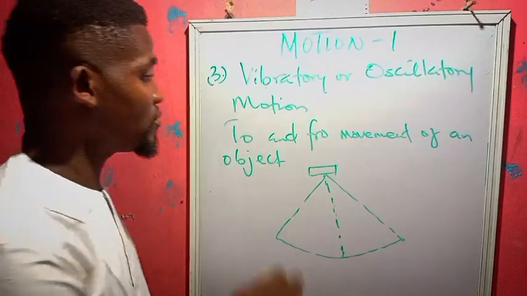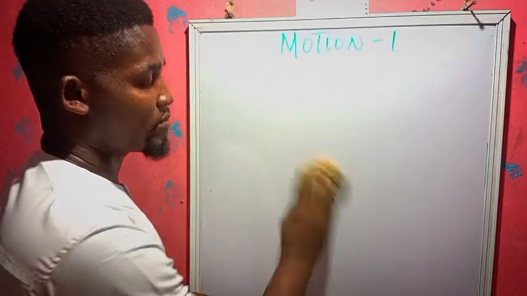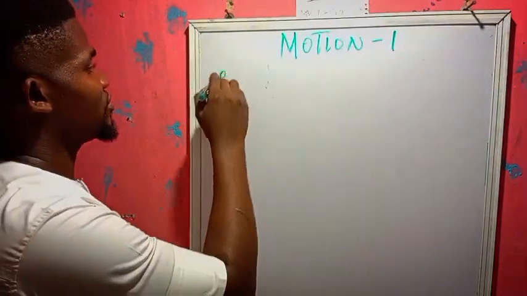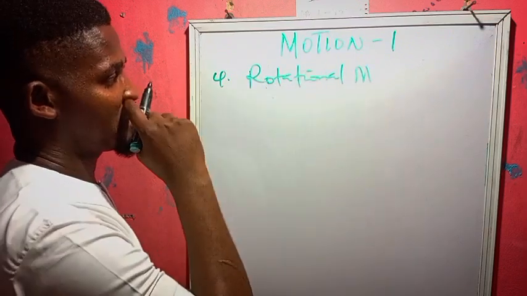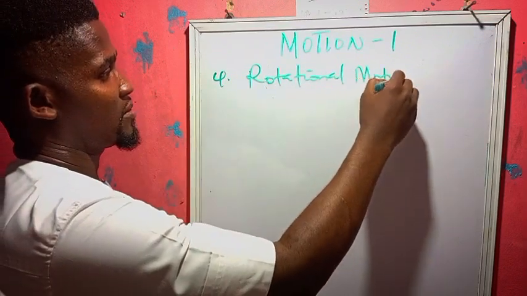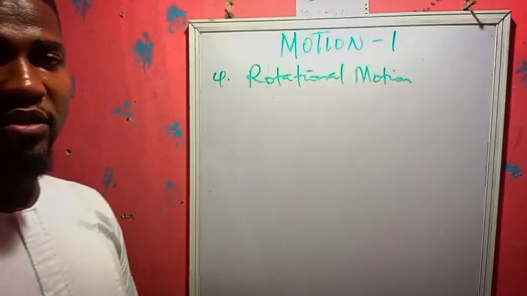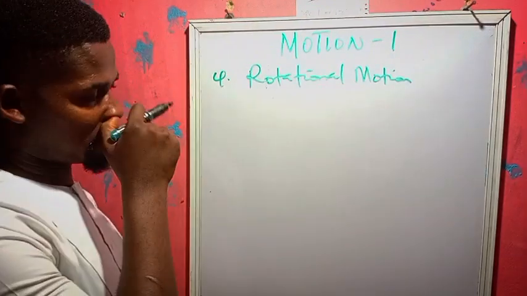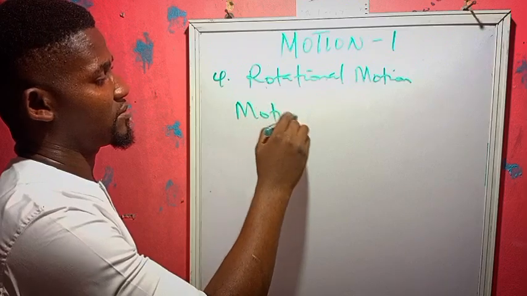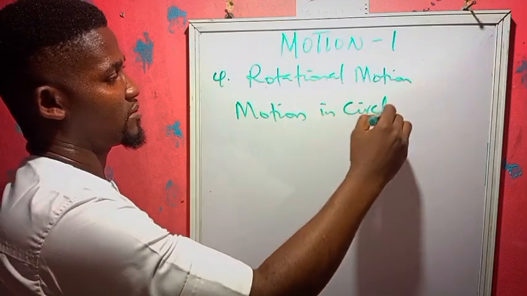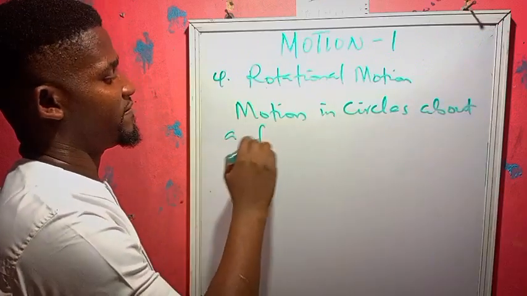Then we have the other one, which is rotational motion. We can also call it circular motion. This type of motion moves in circles about a fixed point.